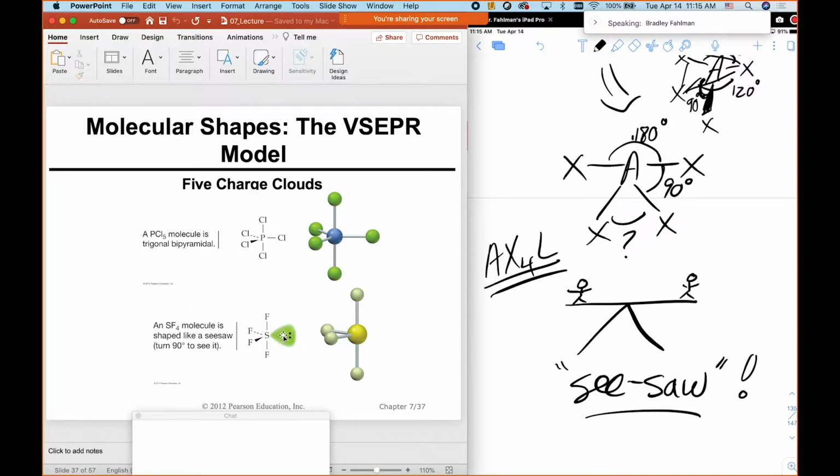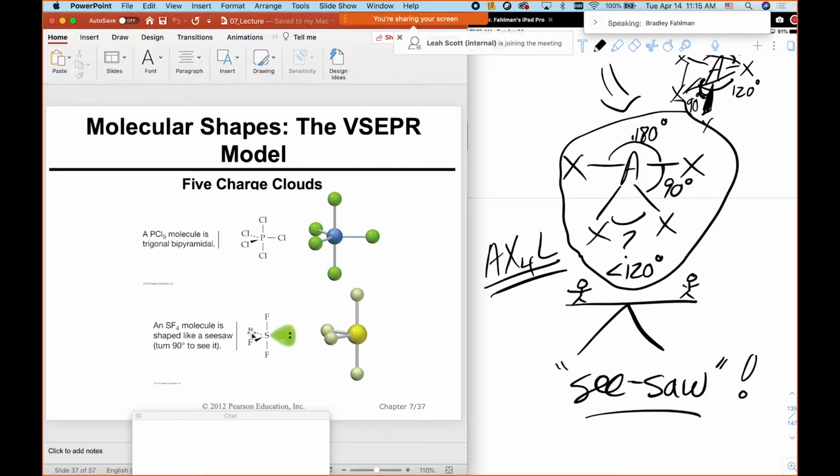So remember, this lone pair is on the same plane as these two fluorines. These two are on a different plane, but these two are still on that same plane as the lone pair. So it's going to force these down a little bit. So that angle is going to be less than 120. So you really have three different types of angles for the seesaw shape: linear, so 180, 90, and then less than 120.